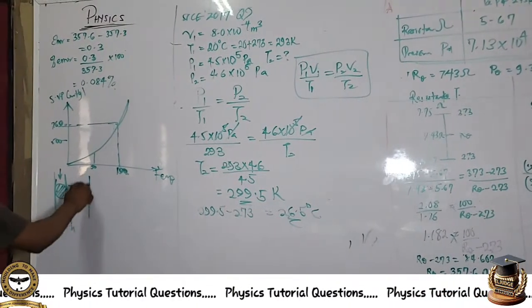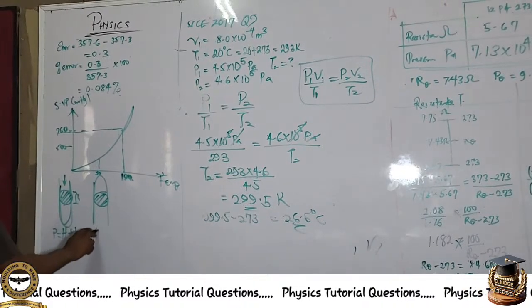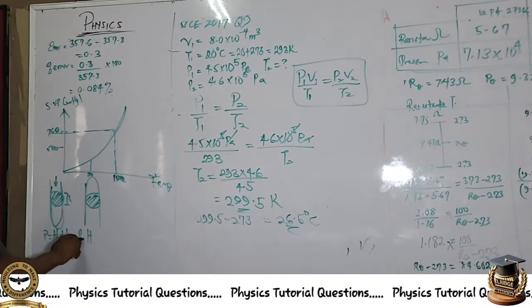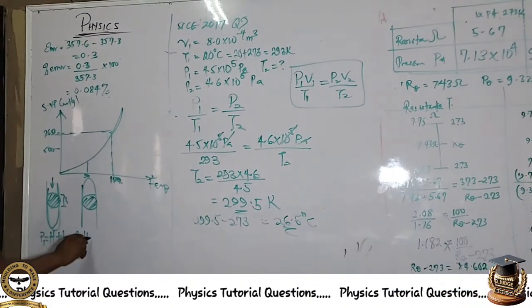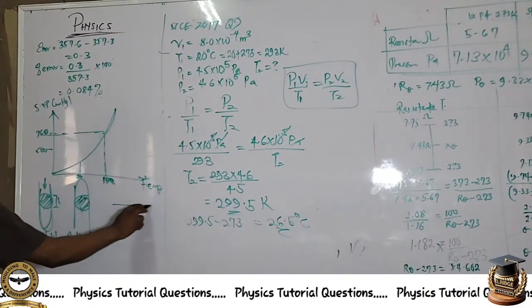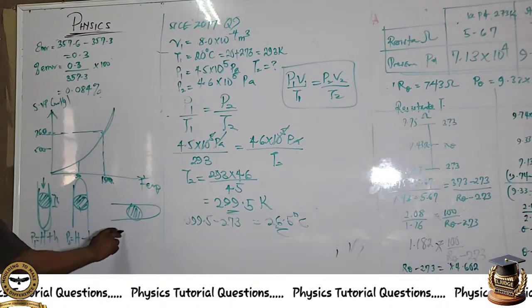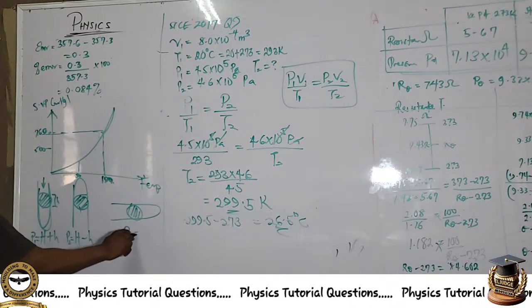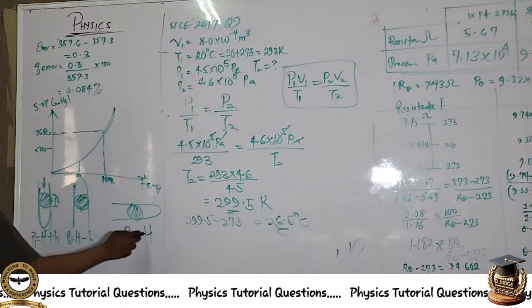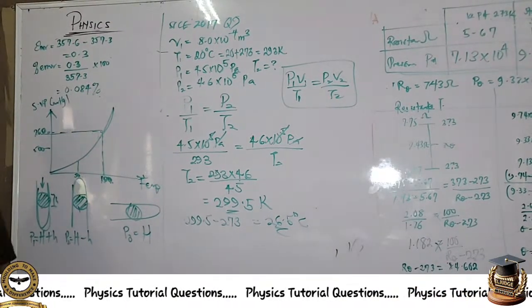If it is facing down, note that the pressure here will be H minus h. And if it is sitting horizontally, the pressure will equal the atmospheric pressure. So you have to note this.